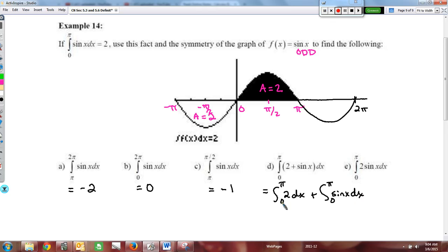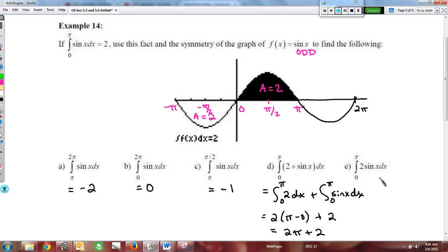And then I use the property that the integral of a constant would be 2 times pi minus 0, plus the integral from 0 to pi of sine x, which is our 2, and so we end up with a final answer of 2 pi plus 2. So don't fall into the trap of going, oh, I just added 2, so it's going to be 4. Make sure you are applying the properties that we just talked about on the previous page.